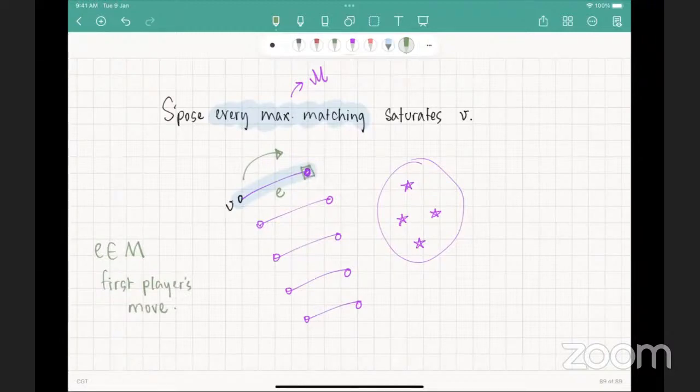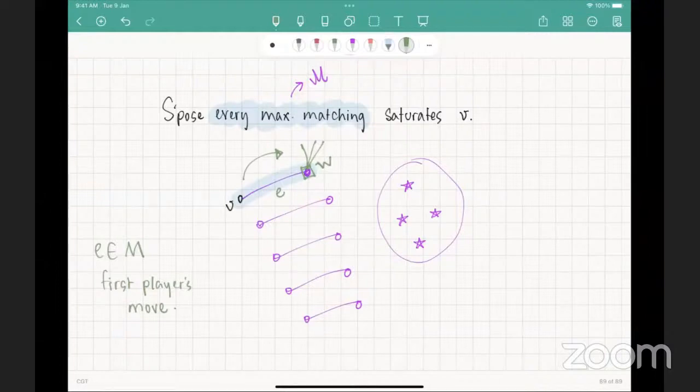Now, because you end up on a vertex, let me call this vertex W, which is already saturated in the matching, and you have already traveled the edge that saturates this vertex in the matching. Notice that all the other edges that are incident to W must not belong to the matching, because the matching by definition is a collection of edges that don't share an endpoint. So W is already taken, and you can't have another edge in the matching that also comes out of W.